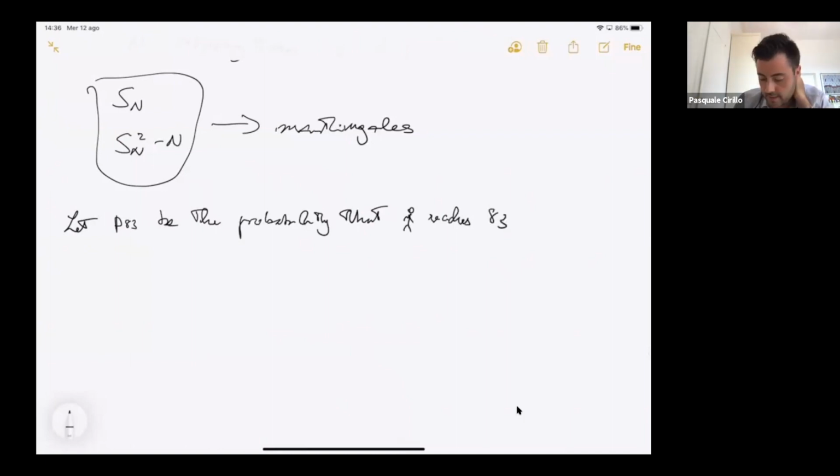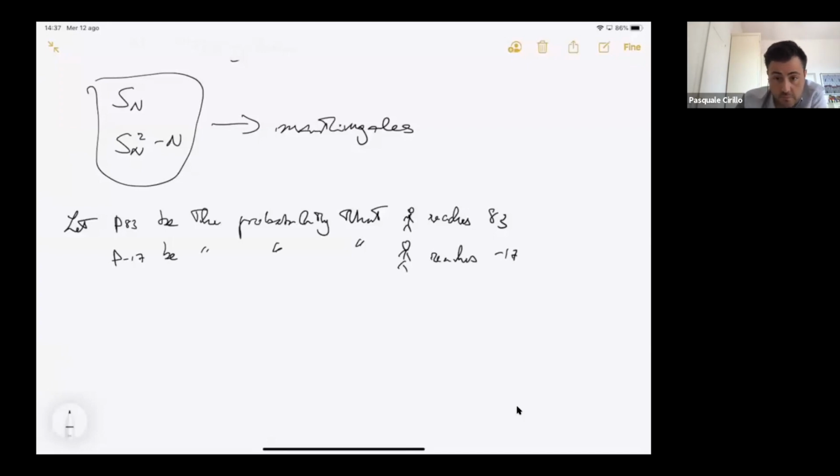Okay, so it means that he escapes the bridge from the end, from meter 100, that after rescaling for us, it is 83. Let P of minus 17 be the probability that our guy reaches minus 17. Okay, so P83 is the probability that he reaches state 83. P-17 is the probability that he reaches state minus 17. Okay?